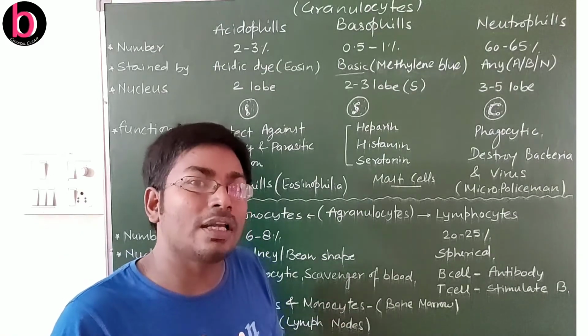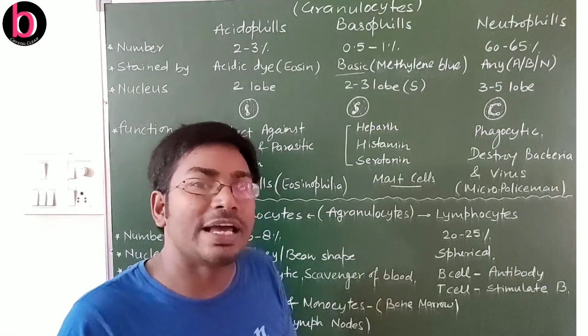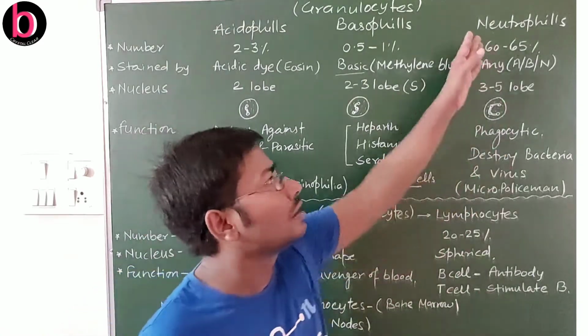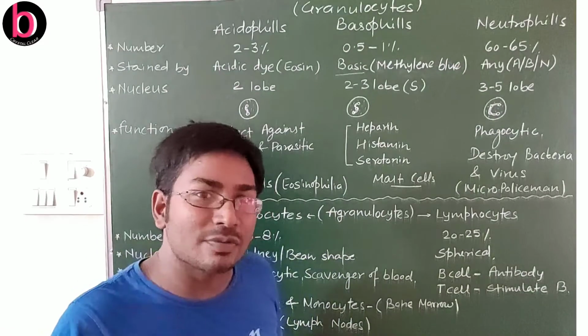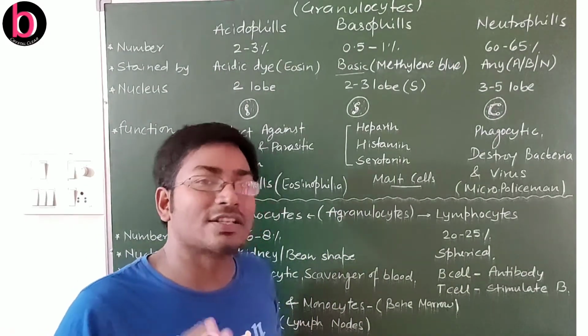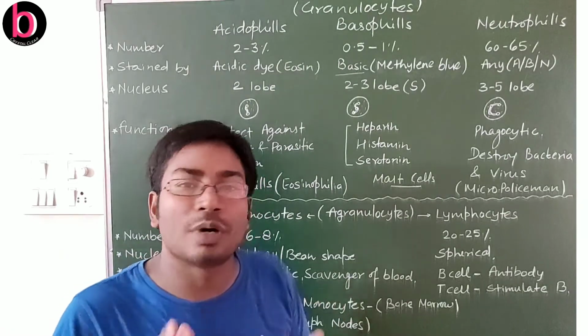So this Barr body, sex chromatin, is very important. Where is this found? This is found in a few of the neutrophil cells, and this Barr body is a modification of one of the X chromosomes found in the human female.